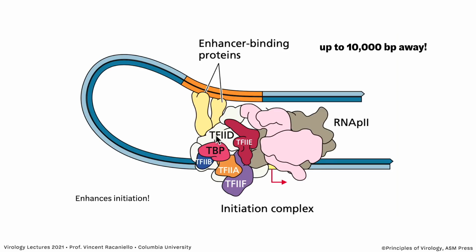And then they in turn bind here TFIID to position the initiation complex so it's more effective at starting. So that's why these enhance transcription. They make it work better. There can be silencers up here as well that have proteins that bind to them and somehow interfere with initiation. So that's how something that's 10,000 bases away can work. So the DNA obviously has to fold around like that.